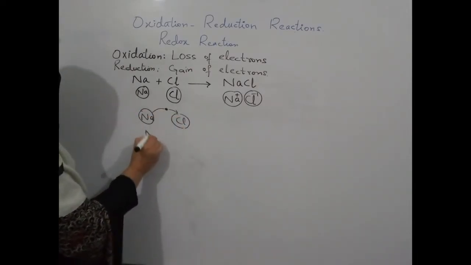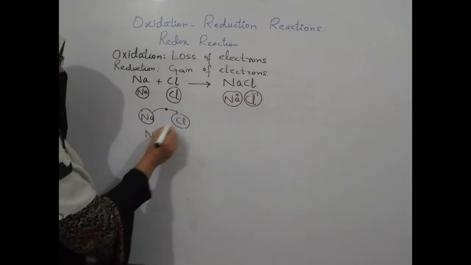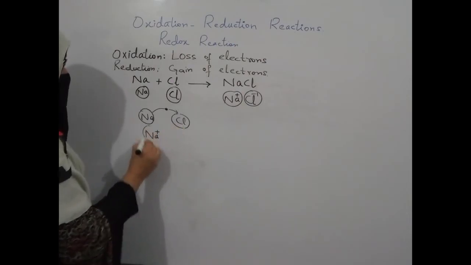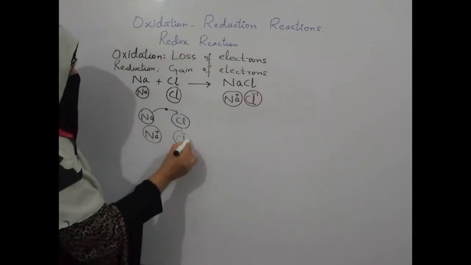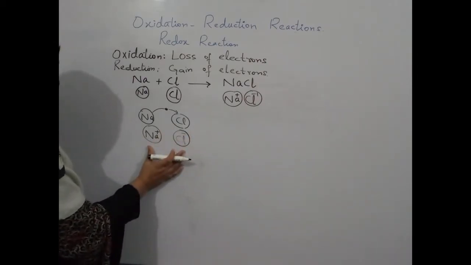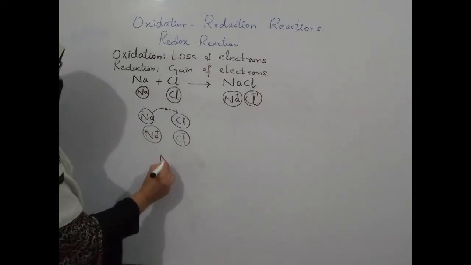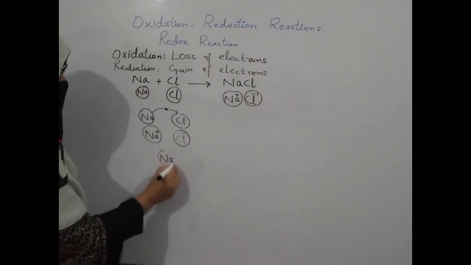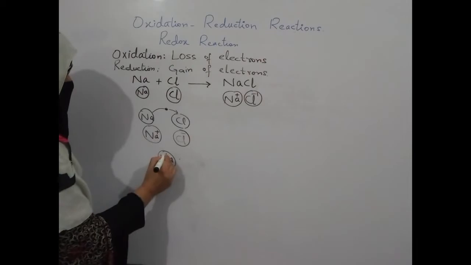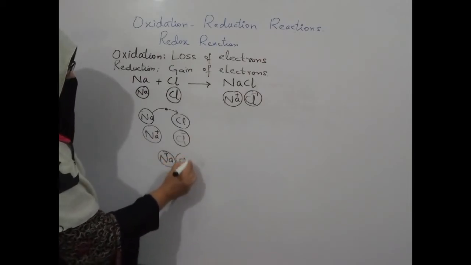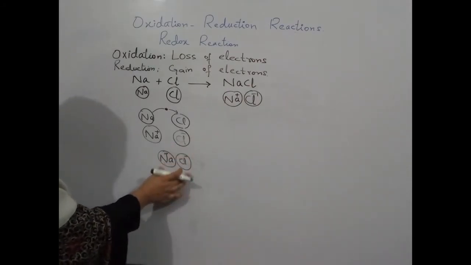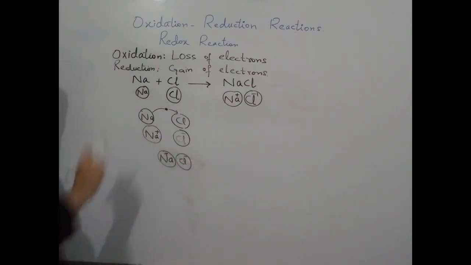So sodium becomes sodium ion and chlorine becomes chloride ion. These oppositely charged ions come close together and become sodium chloride, an ionic compound.